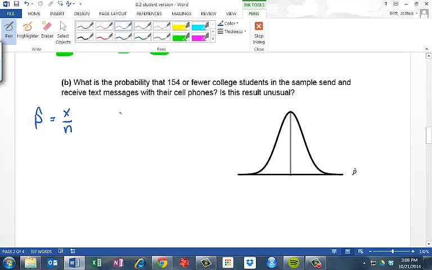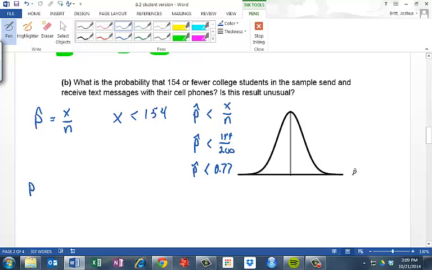What we're saying here is the number of individuals X must be less than 154, which implies P hat will be less than 154 over 200, or less than 77%.